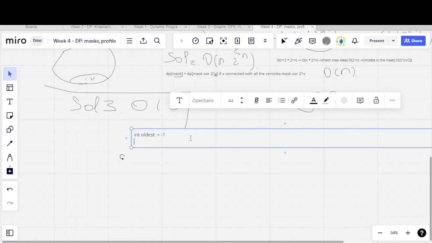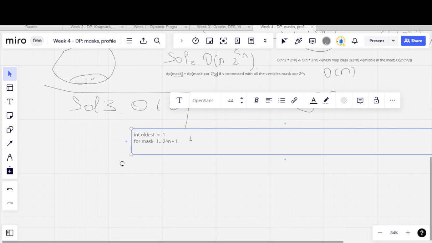And we try to iterate through all the subsets in our graph, and then we mark the oldest bit.